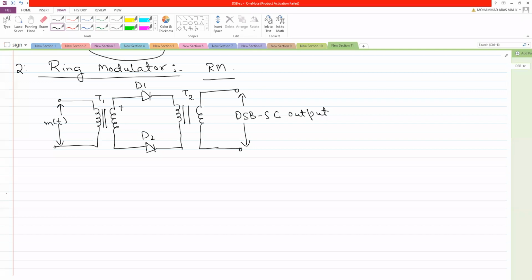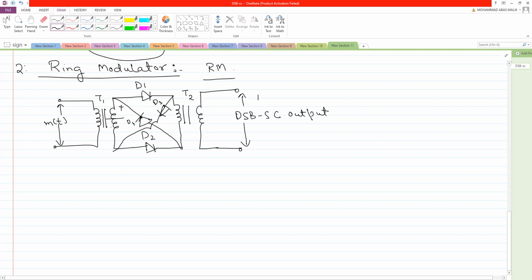Because this is not the full diagram which I have shown here. This diagram is actually this. I will make the full diagram before you realize what is happening. This is D4. Similarly, here this is D3.